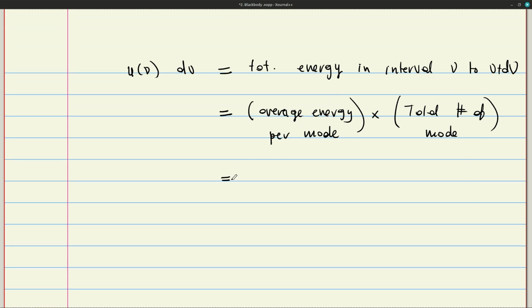From the equipartition theorem, the first parenthesis we know is k_B T. And from the first result I showed you, it's 8 pi over c cubed nu squared d nu.